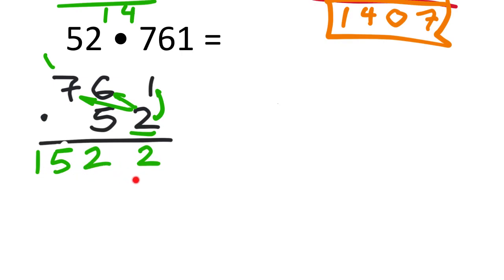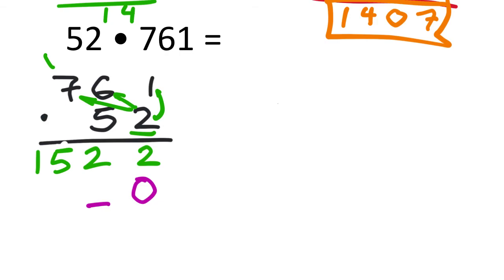Now that may seem like a big number, but we're not finished yet, right? We have to multiply from the tens place value, and when I multiply by the tens place value, I start in the tens place value, which means that there's not really anything in the ones place value here. I've seen some students who don't actually use a 0 here to hold the ones place value, but I like to have it there just so I know that I'm dealing with the tens place value.